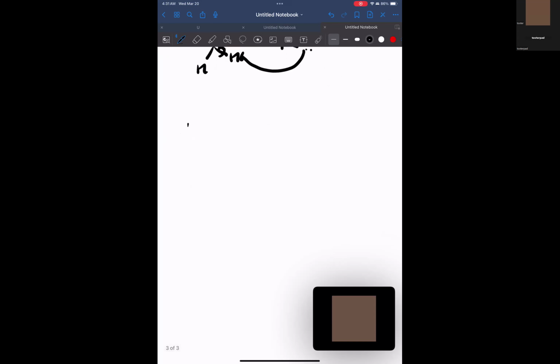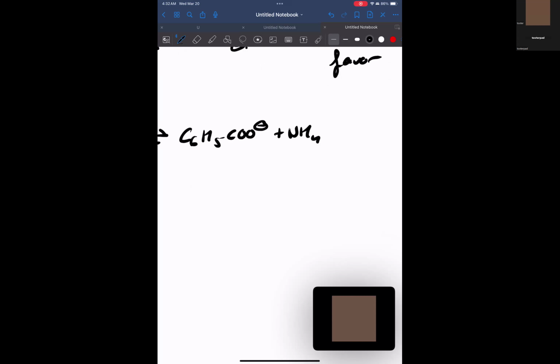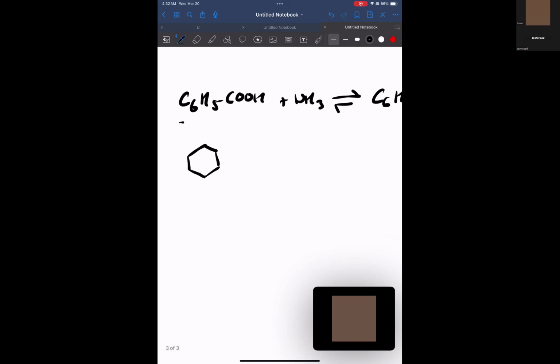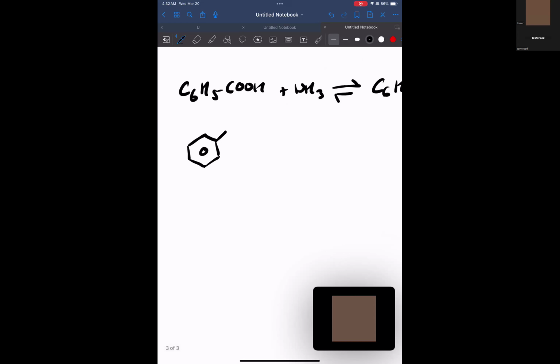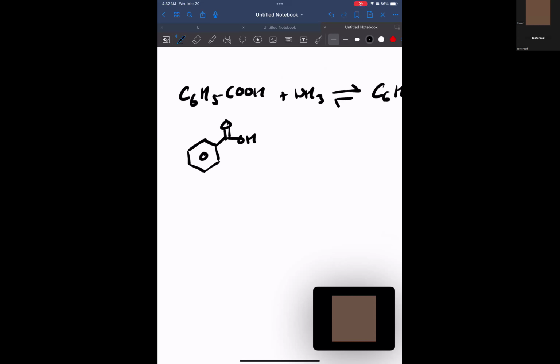Let's do the third problem. C6H5COOH plus ammonia to yield C6H5COO minus plus NH4 plus. Let's draw this out now. C6H5. To determine this as a formula, you can actually use the HDI, or the degrees of unsaturation. However, for the point of this video, I'm just gonna draw out the compound.